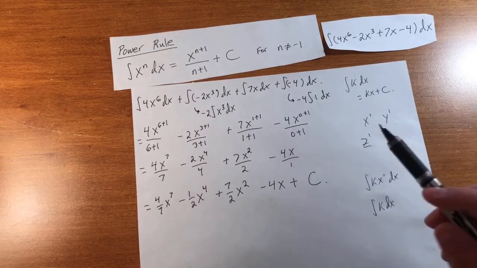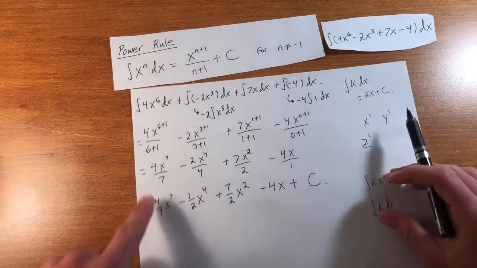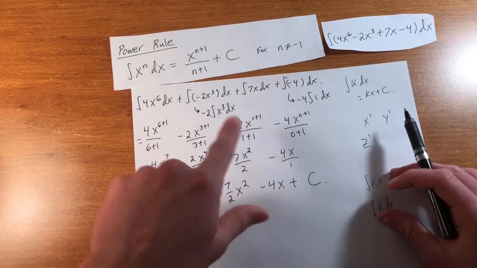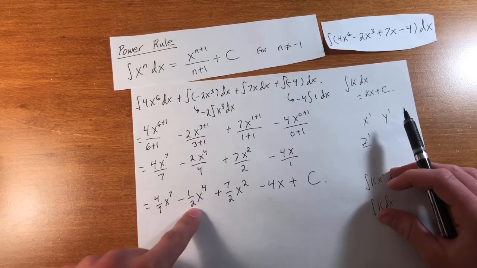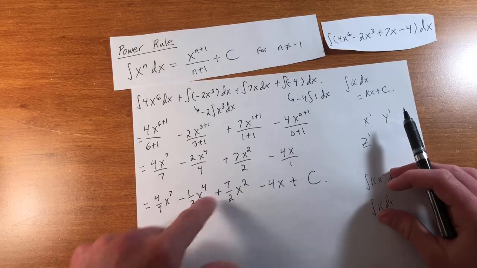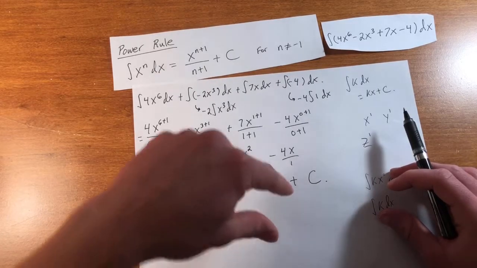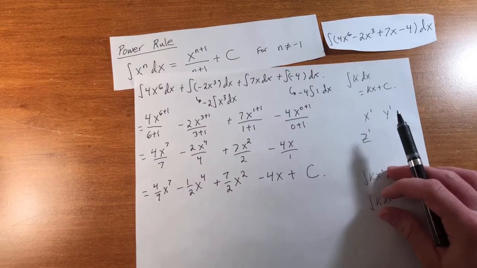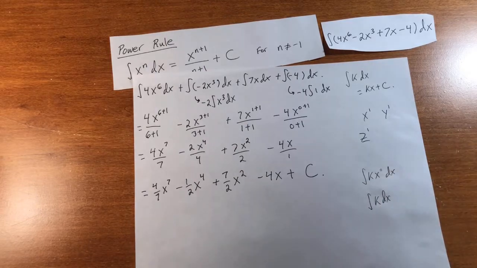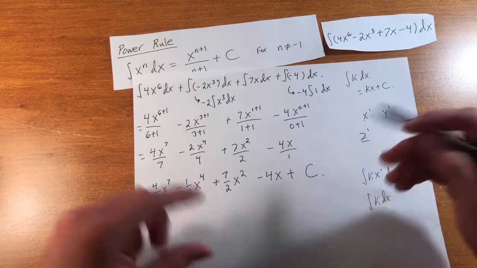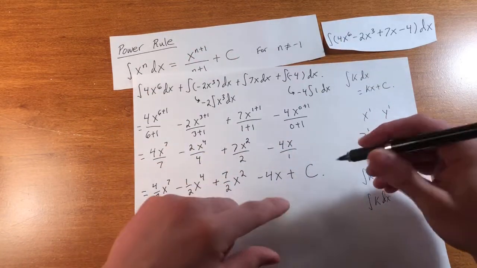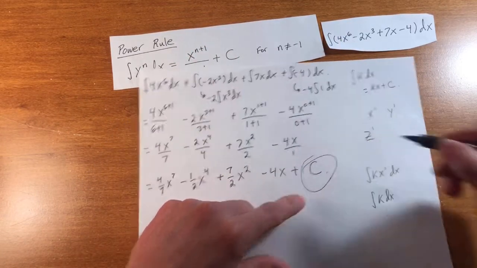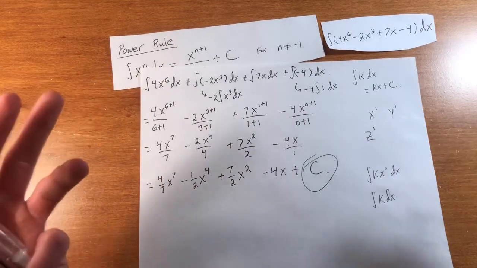Now, what I want you to see is that I could have said plus c for each and every one of these. So after I integrated this one, I could have said plus c. And after I integrated this one, I could have said plus c. And then this one plus c, and then this one plus c. And there would be a lot of plus c's. What I want you to understand is that if I added all those constants together, I'd get another constant, some constant that I didn't know.